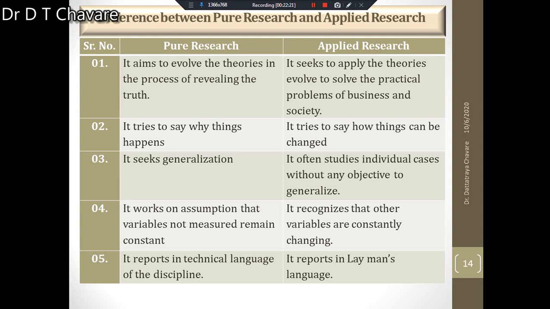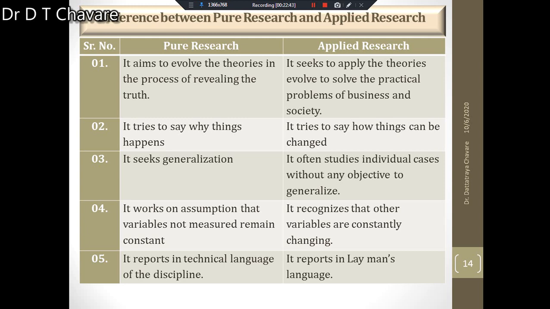Then the last difference we have to understand is that pure research reports in the technical language of the discipline. Try to understand. What is the language used in pure research? Technical language. It means that pure research reports in the technical language of the discipline.